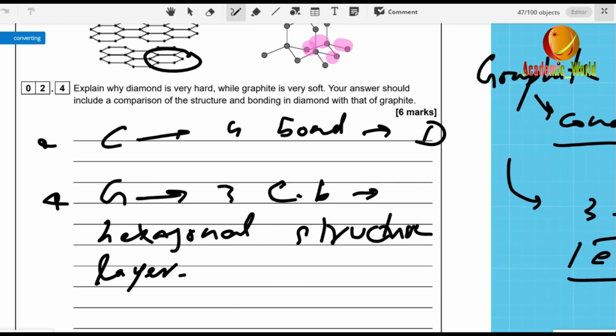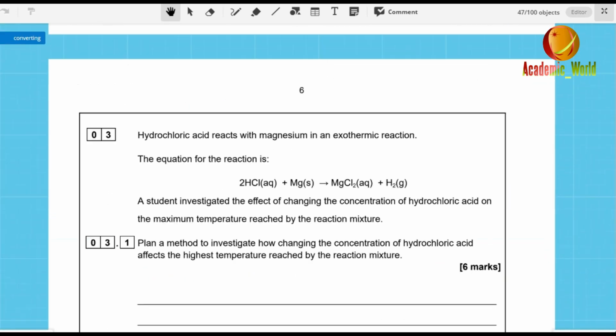These layers are held together by weak intermolecular forces, allowing them to slide over one another. That's why this structure results in a soft and slippery material. At least you need to write 3 points each.